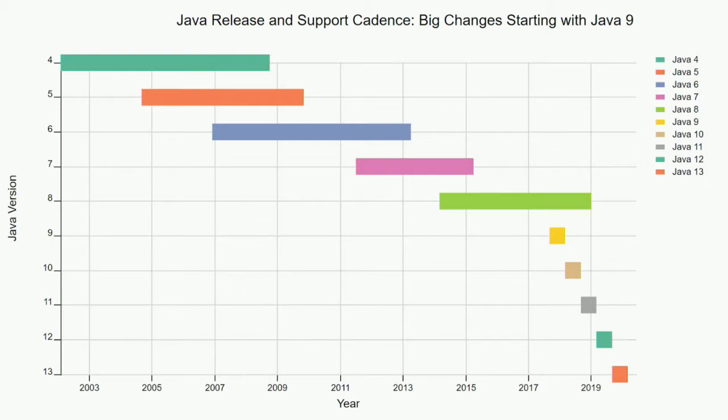This chart shows 10 releases of Java, starting back in 2002 when they released Java 4, then Java 5, Java 6, Java 7, all these older versions, followed by a couple of current ones, and then a couple of future releases that they've announced.